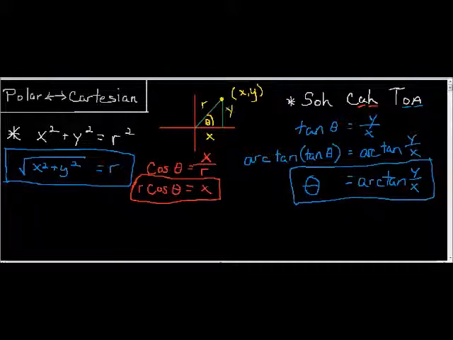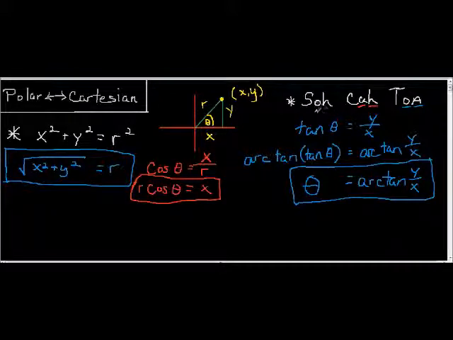So looking at our trig identities again, let's try and figure out which identity involves y and theta and r. Well, y is opposite of theta, and r is the hypotenuse. So we need a trig identity that involves the opposite and the hypotenuse.